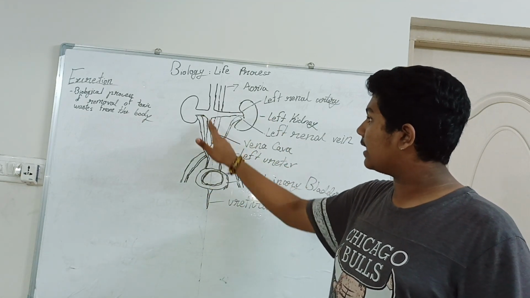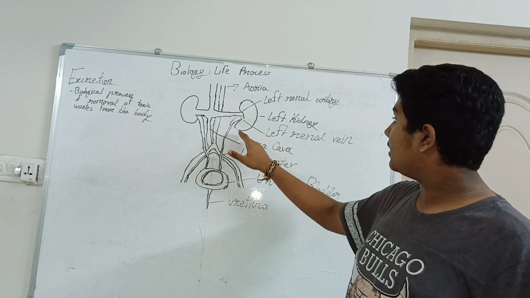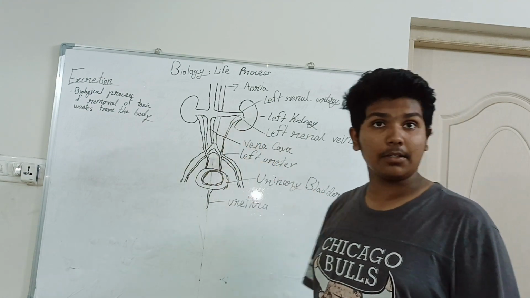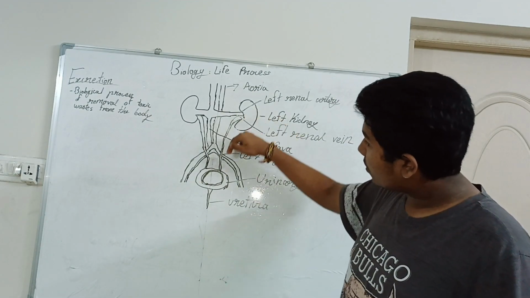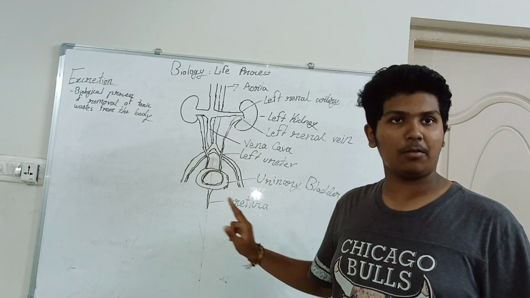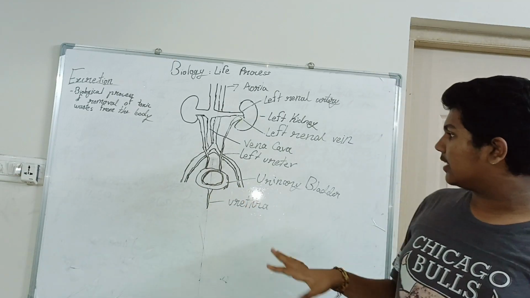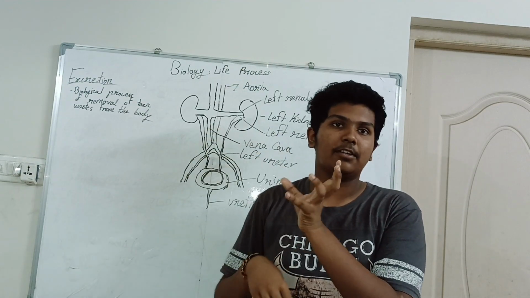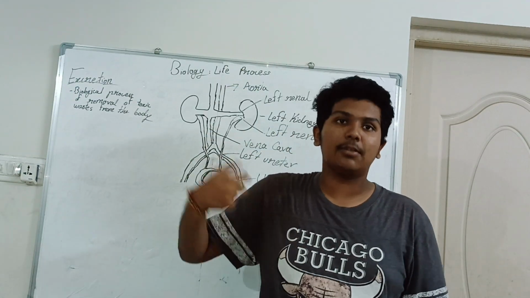Here you can see the vena cava is there, and here is the left ureter. This is the ureter. So it will go here where this hole is, like a bag. So the mouth is open and all the waste is going. So it's like a garbage bag.